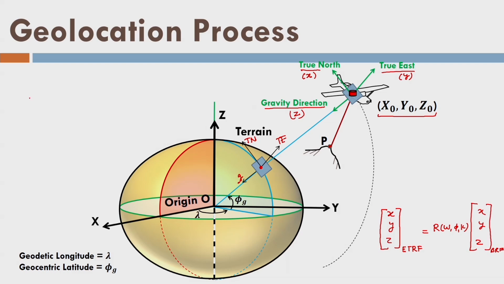So, now we can also write what R omega phi kappa is. It will be R z kappa, R y phi and R x omega. So, now we have brought the coordinate of a point P to the ETRF or earth tangential reference frame, with origin at GPS.